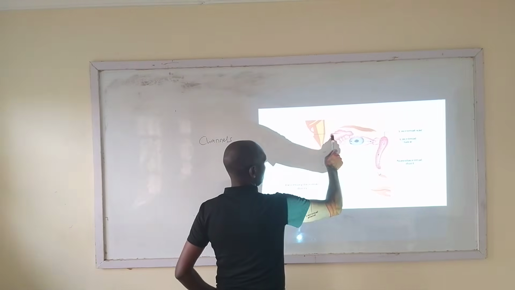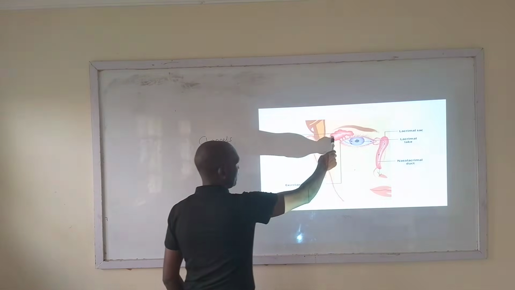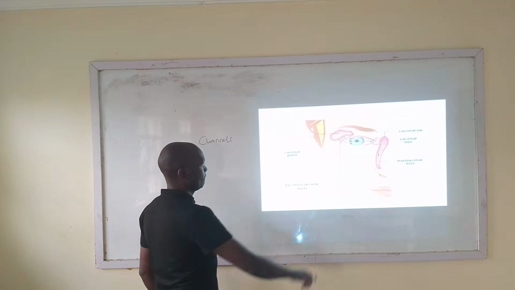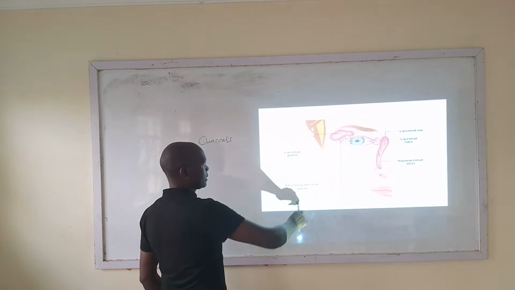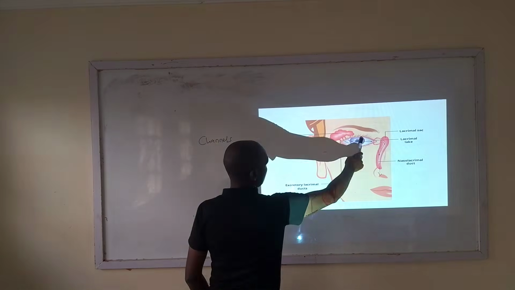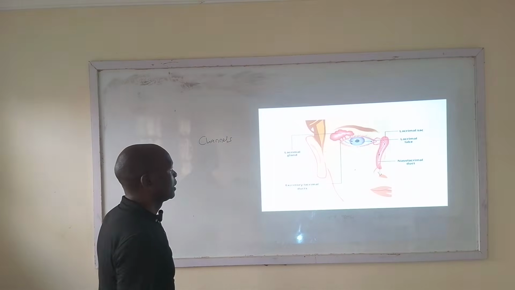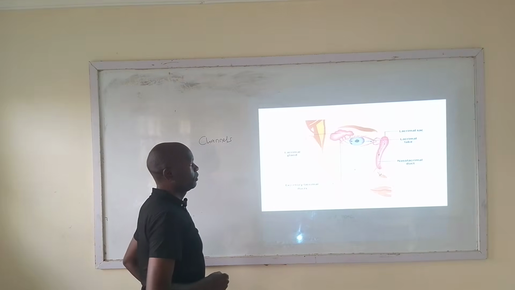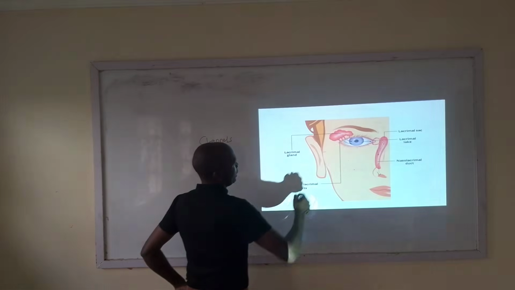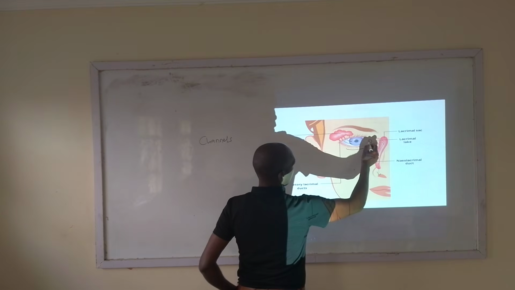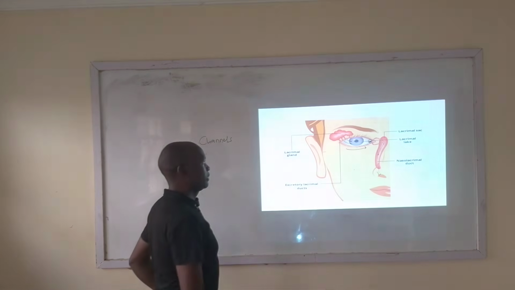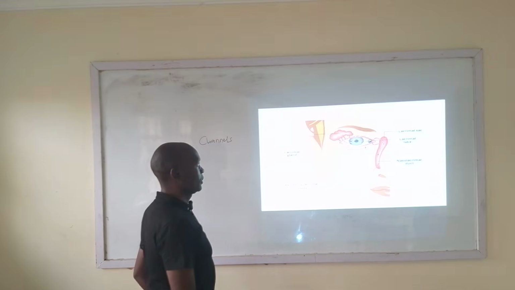Once your tears have been produced in this gland here, they will trickle through the excretory lacrimal ducts onto the surface of the eye. Then you will blink. When you blink, your tears will move towards that side and accumulate here, as illustrated by the small arrows.